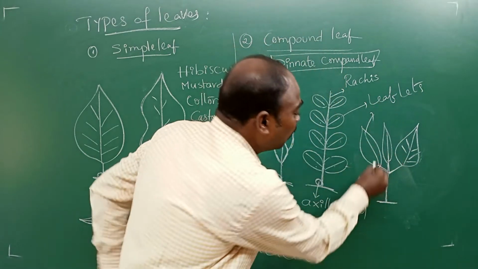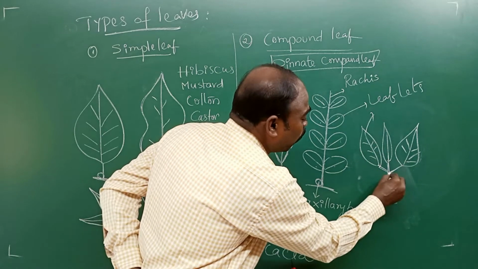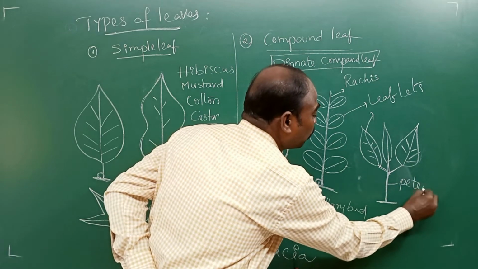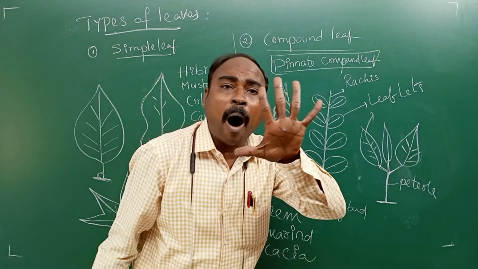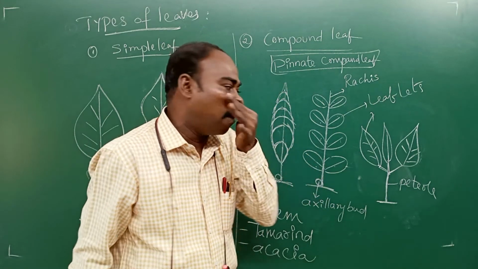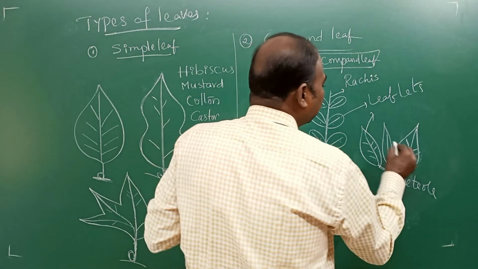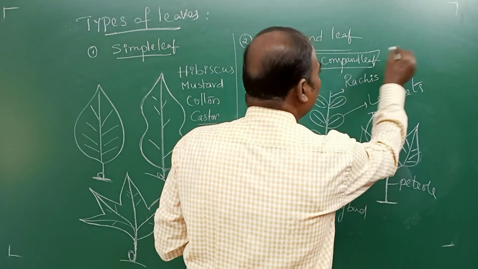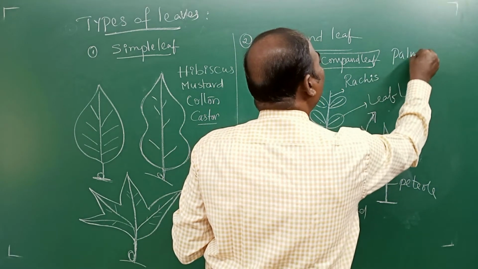The leaflets are joined at a point, that is the tip of the petiole. It looks like a palm, like the fingers of our palm. So this type of leaflet arrangement is found in the palmately compound leaf.